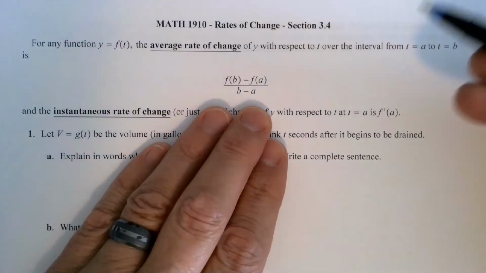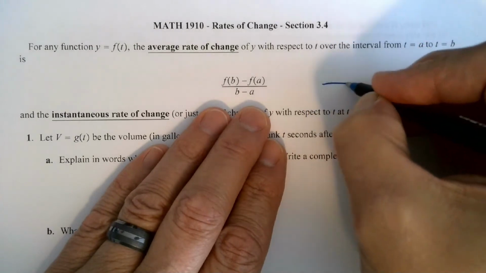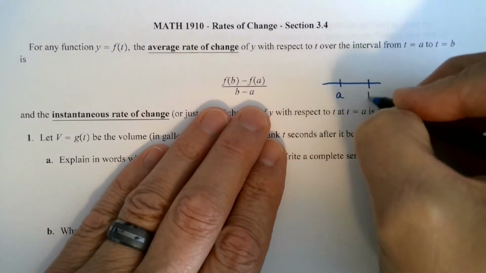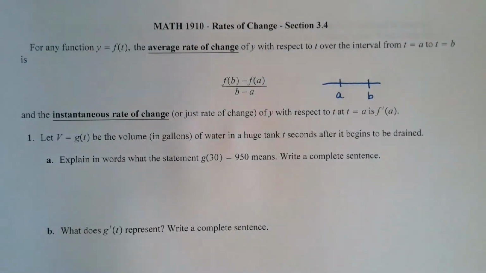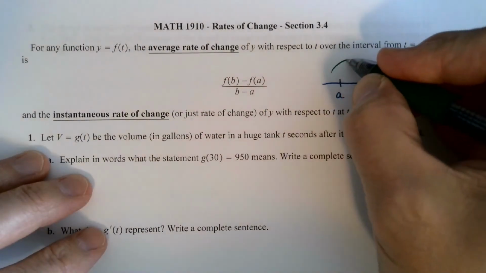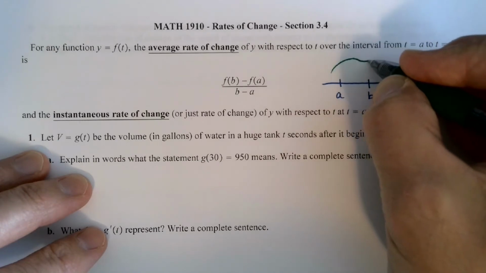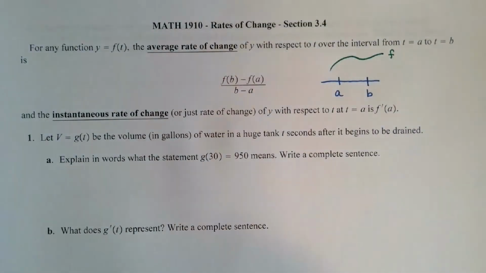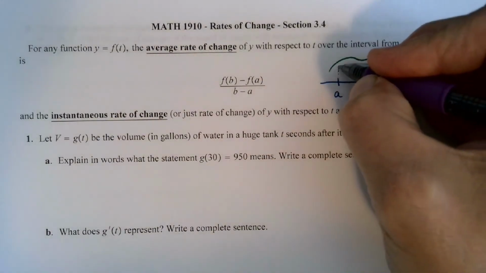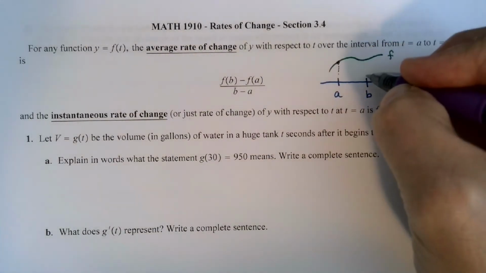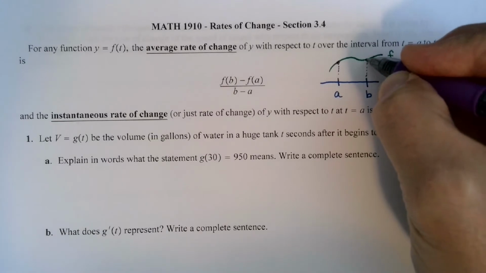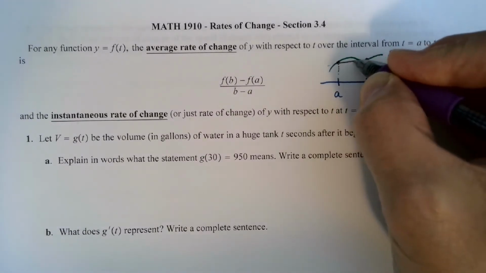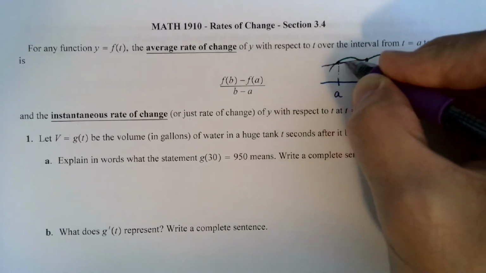So if I'm looking at a function from a to b, let's say this function looks something like that, then what we're looking at is essentially the slope of the line that's connecting these two points.